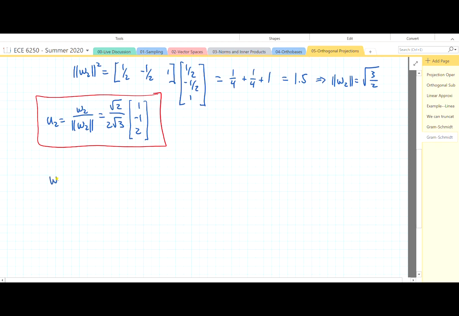So W3 is going to be V3 minus, and we have to project it onto the whole space, V3 with U1 times U1 minus V3 with U2 times U2. V3 is 1, 0, 0. That's the easy part.